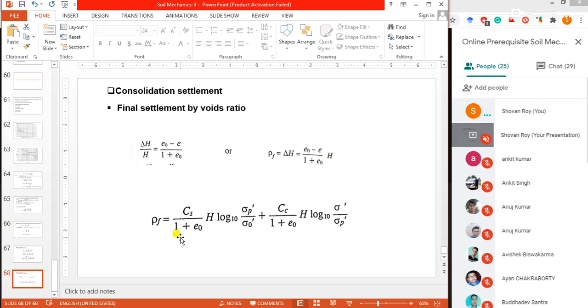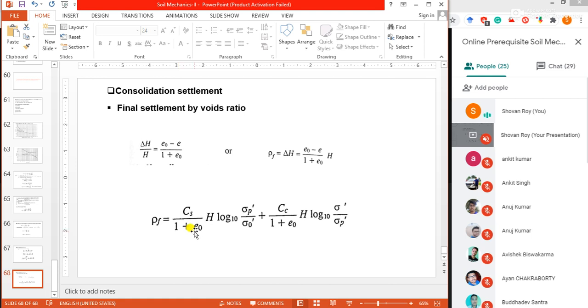And finally we need the actual settlement, and actual settlement we can calculate from the settlement due to pressure using Cc. Settlement due to pressure using Cc we need.